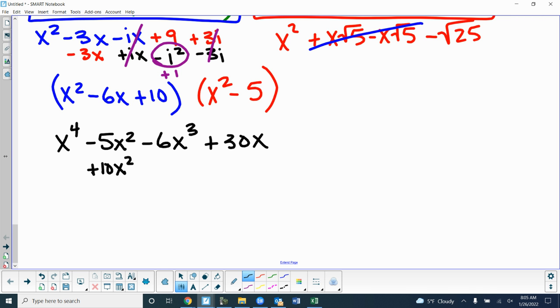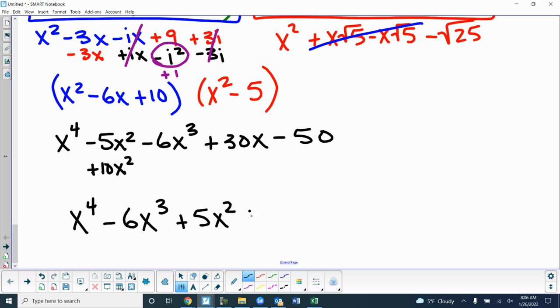And a positive 10 times negative 5 is negative 50. All right? So let's put in the right order. X to the 4th is first. X cubed is next. Negative 5 plus 10 is a positive 5. X squared is next. Plus 30x minus 50.